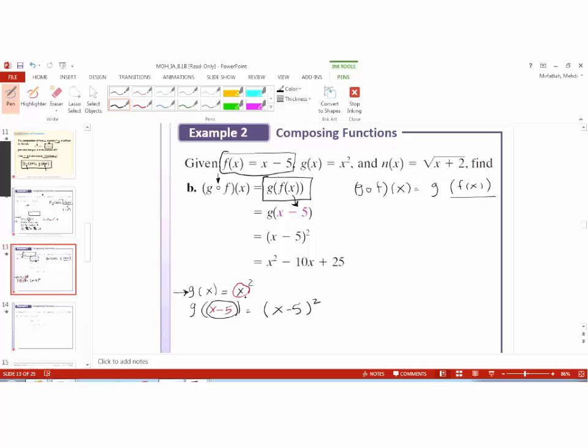There you go. Yeah, that's right. That's correct. It says right here. So if g of x is equal to x squared, g of x minus 5 would be x minus 5 squared. Okay, Margarita typed x minus 5 squared.